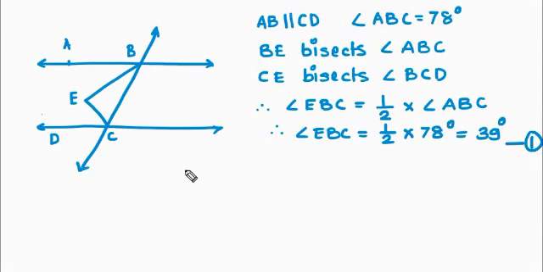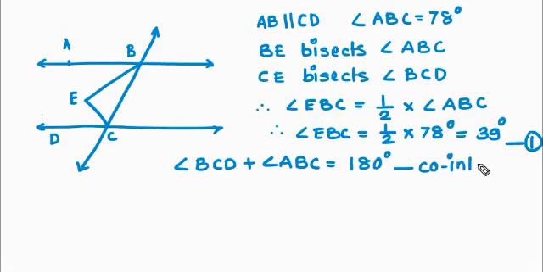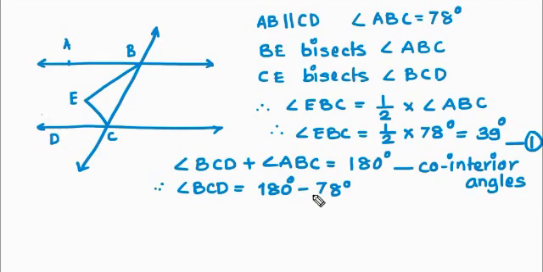We also know that because they are co-interior angles, AB is parallel to CD and BC is the transversal. So this and this, they are co-interior angles, and therefore... ABC goes that side, becomes minus, and so minus 78, and therefore angle BCD is equal to 102 degrees.